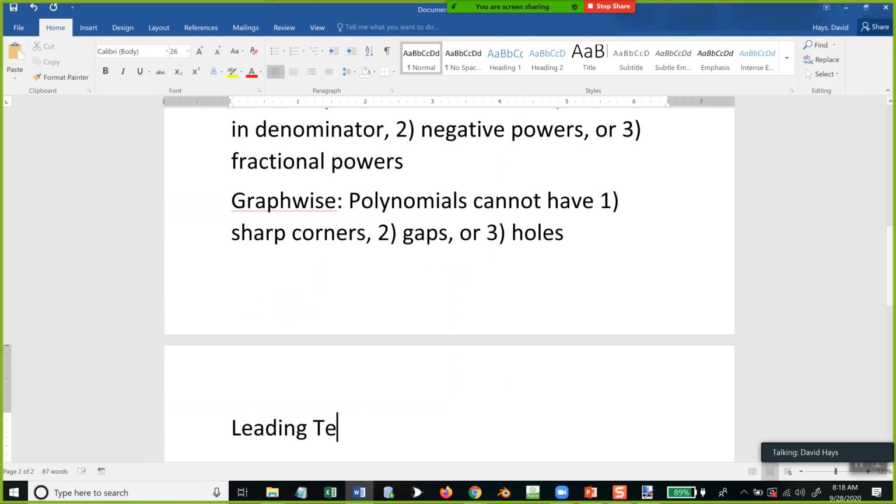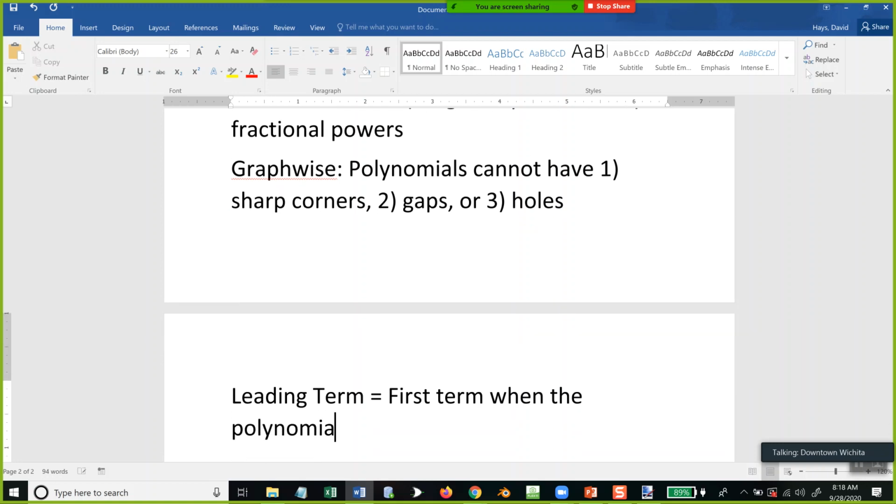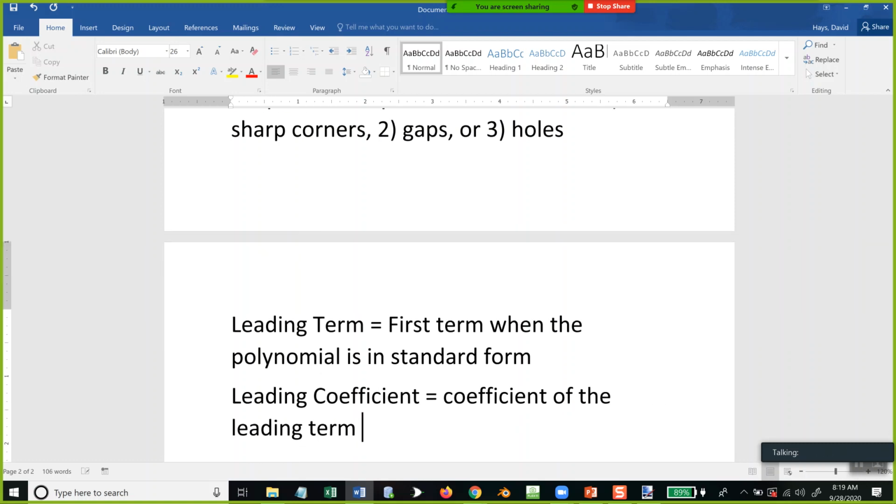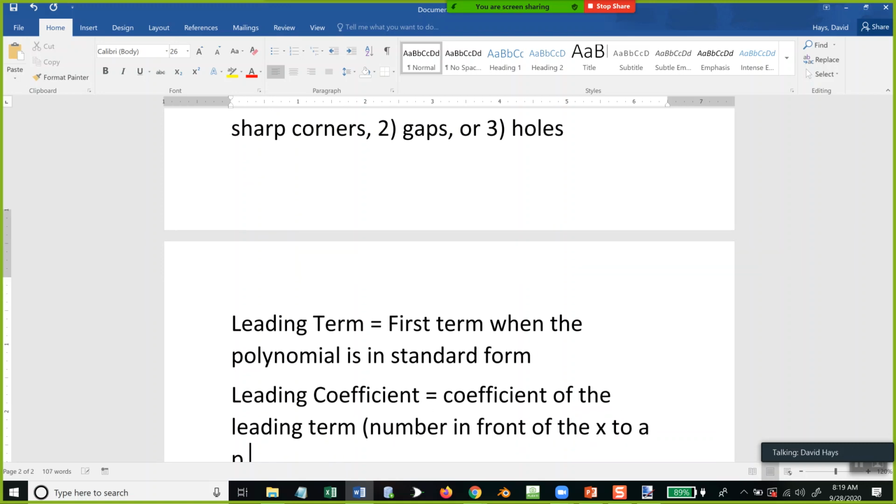We have something called our leading term. This is the first term when the polynomial is in standard form. Then we have a leading coefficient. This is the coefficient of the leading term, the number in front of the x to a power.